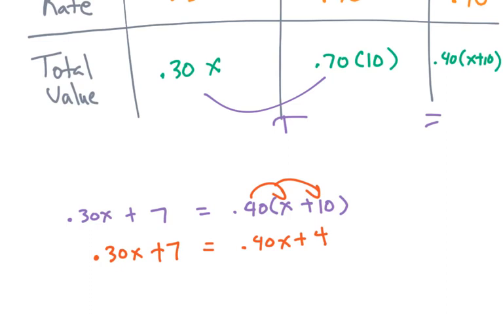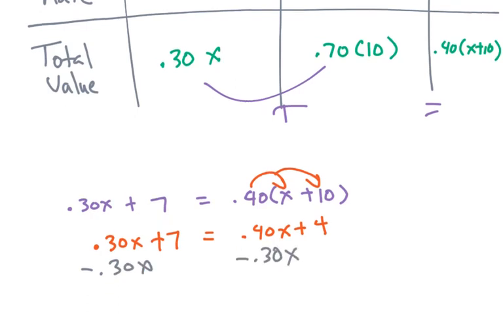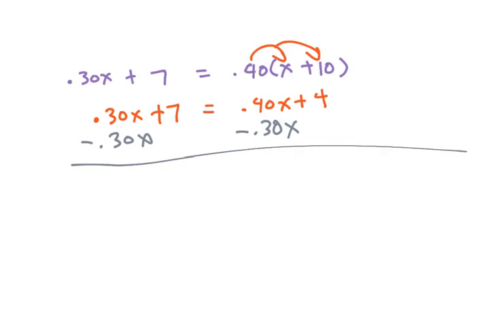What I'm going to do here is I'm going to move the 0.30x over here just because it'll keep it positive. And then I'll subtract 4.